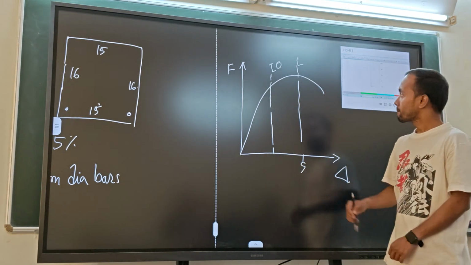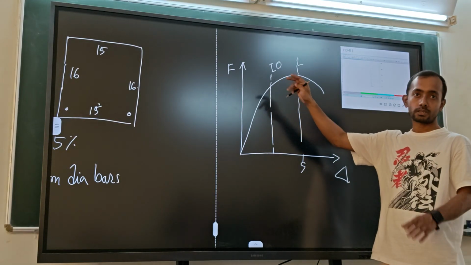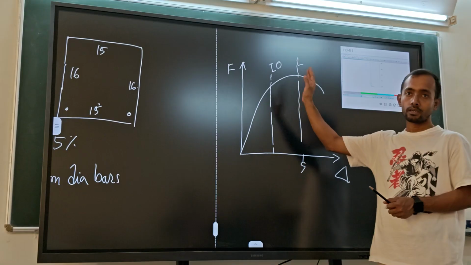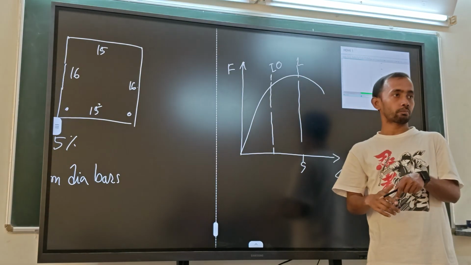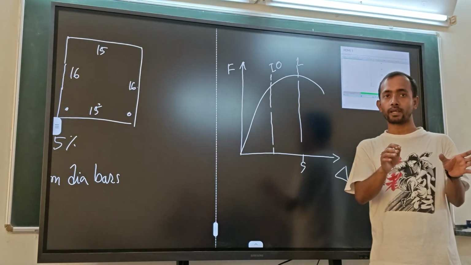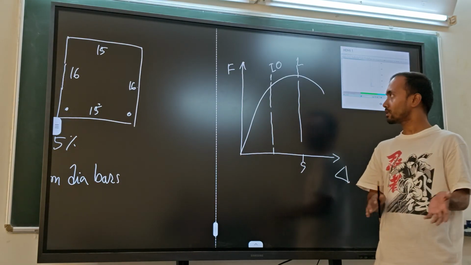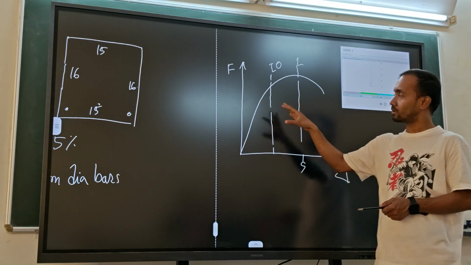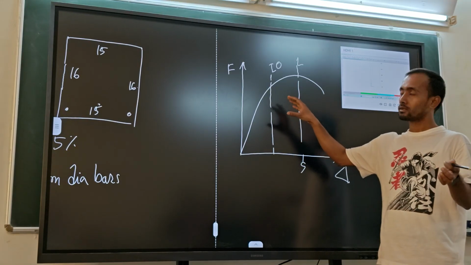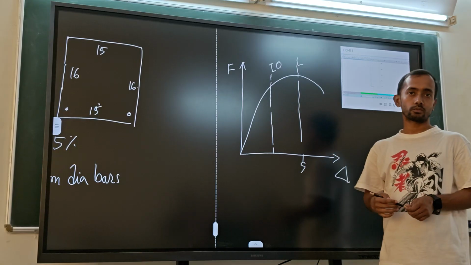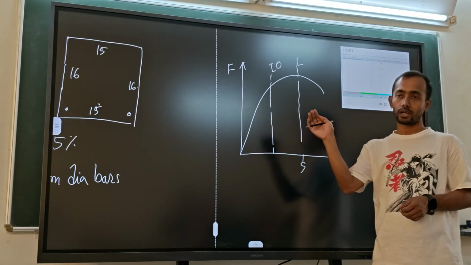If the structure condition after the earthquake is in this phase, you cannot occupy the structure immediately. There will be some preliminary checks whether the structure is safe or unsafe. After that, if the performance is within this range, you will be allowed to occupy the structure without any major retrofitting.